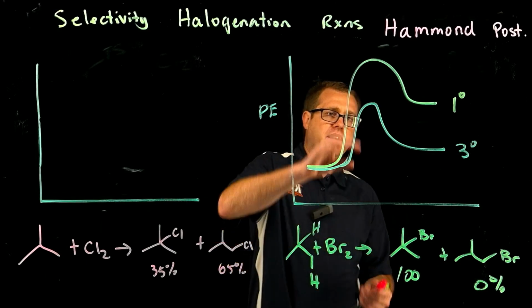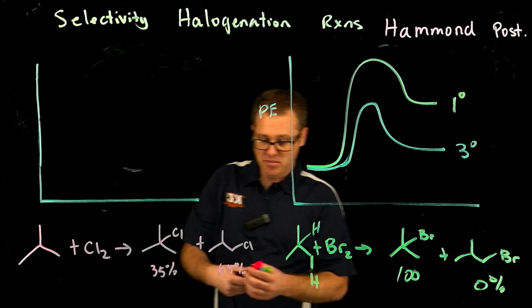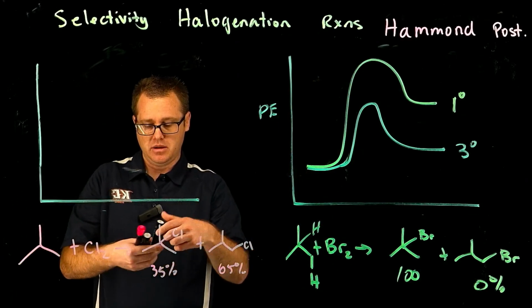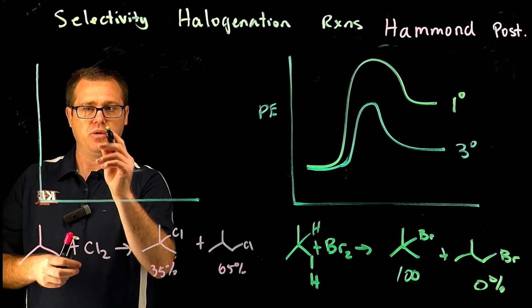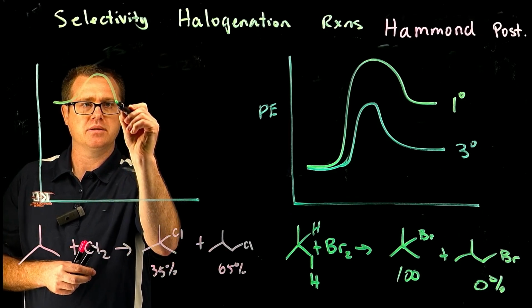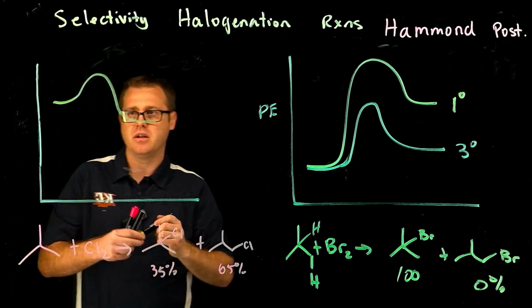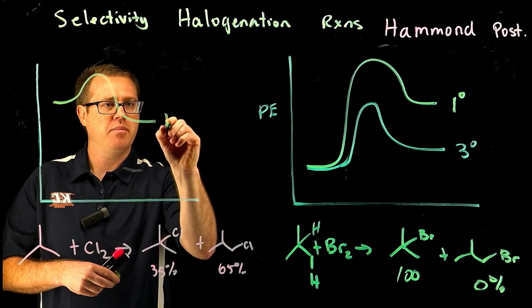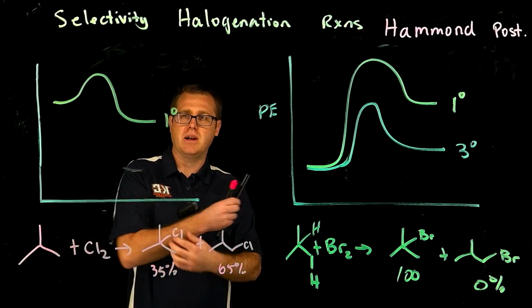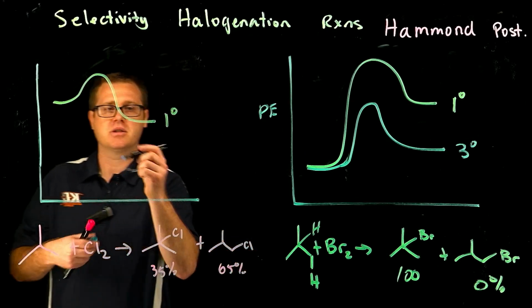So you can see that they're drastically different. When we compare over here, we could do chlorination starting up here and like this, like so, right? So that's going to be our primary radical. But look at what the tertiary radical looks like.